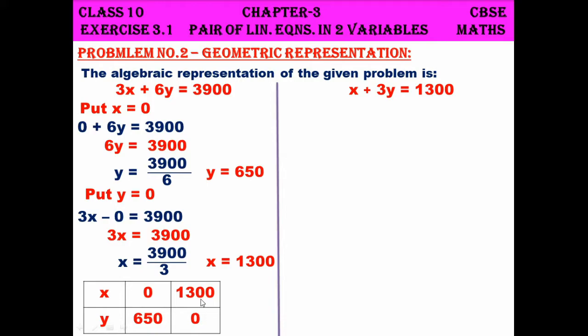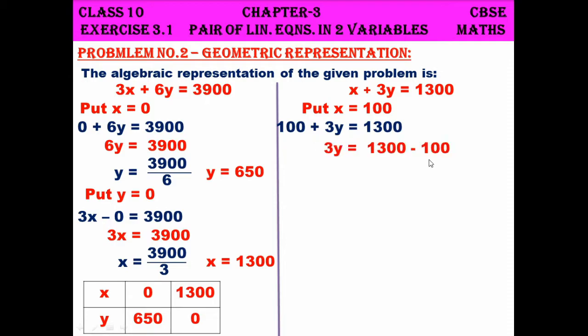Similarly, let me do it for the other equation. Let me substitute x equals 100. Here I am not going to take x equals 0 because if I take x equals 0, I'll get y to be a fraction or a decimal. In order to avoid that, I take a smaller value for x, x equals 100. So the equation becomes 100 plus 3y equals 1,300, 3y equals 1,200.